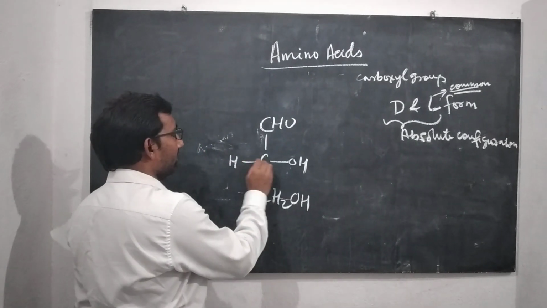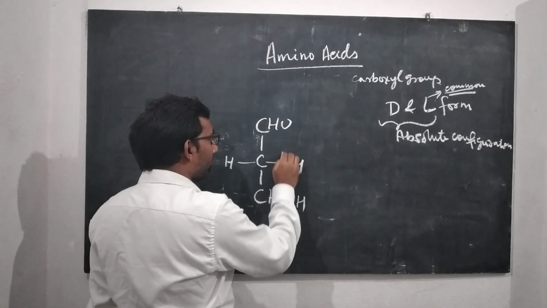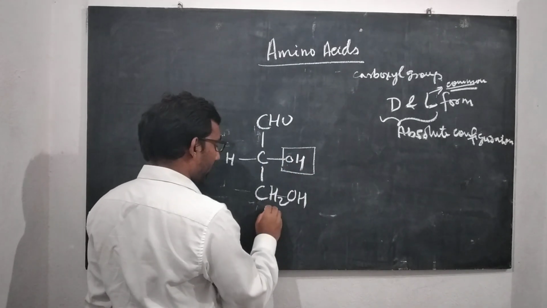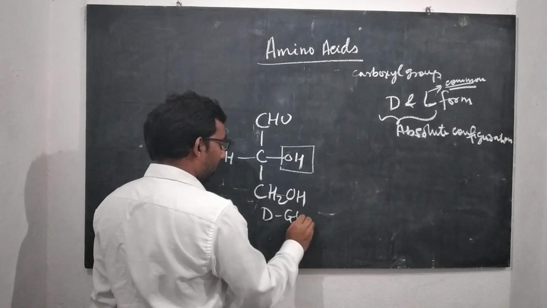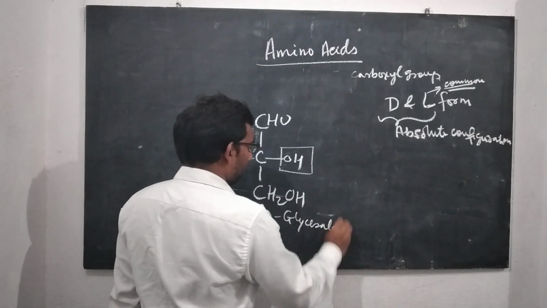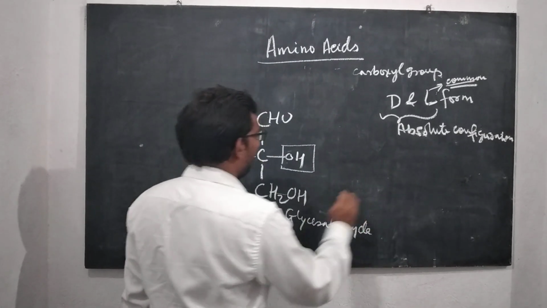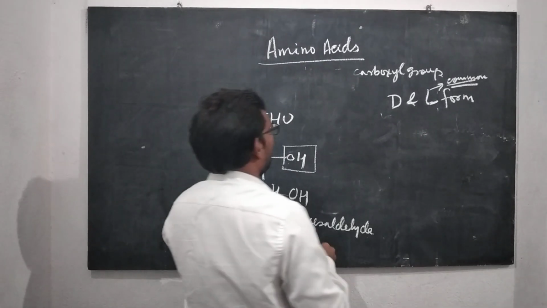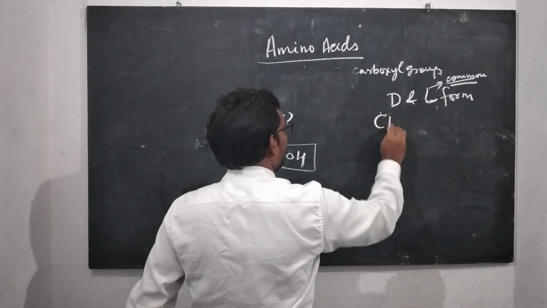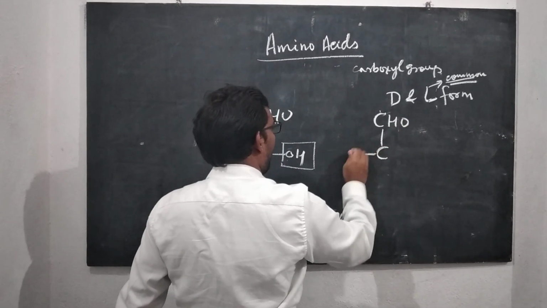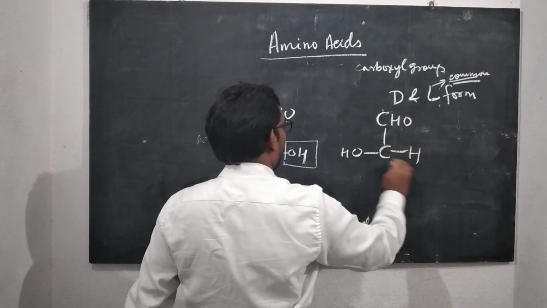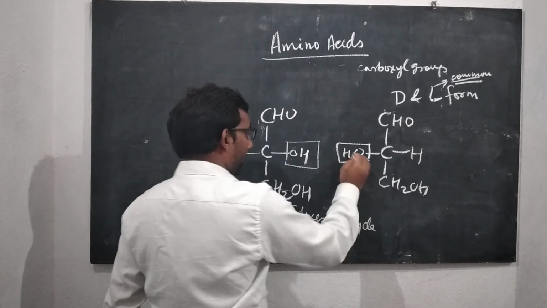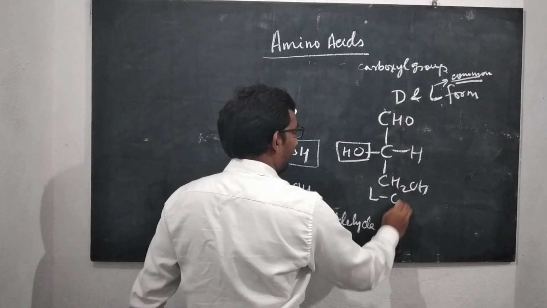Now in glyceraldehyde, according to convention, if OH is on the right side, it is called D-glyceraldehyde. If OH is on the left side, by convention it is called L-glyceraldehyde.